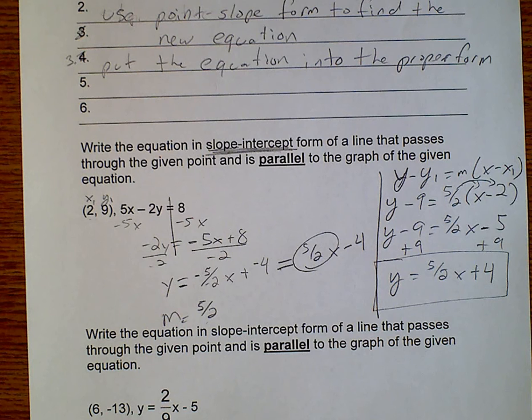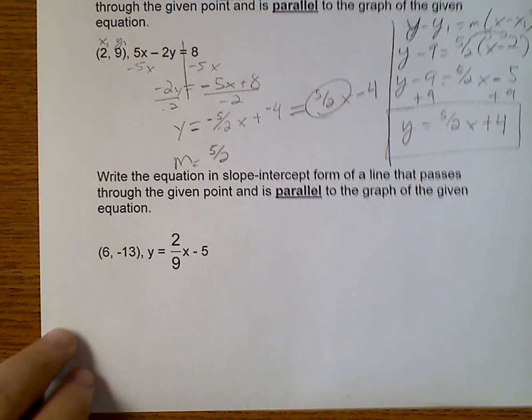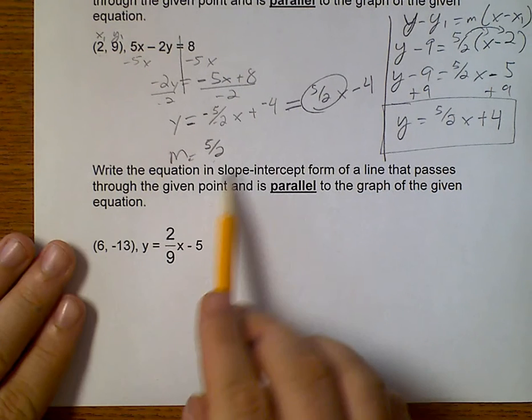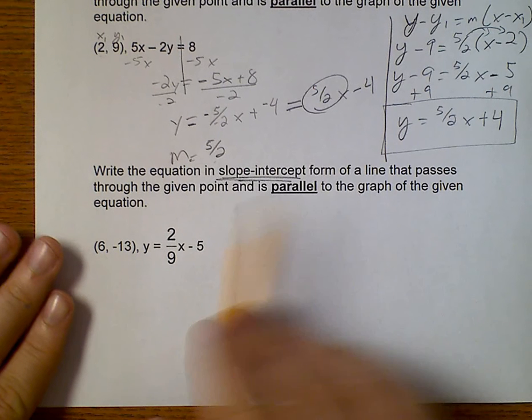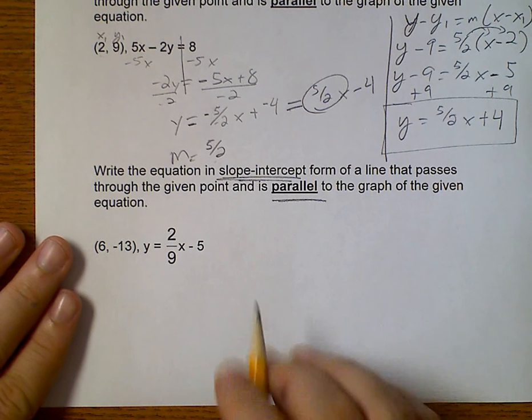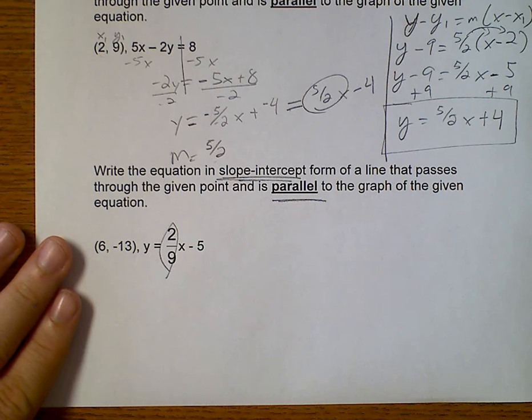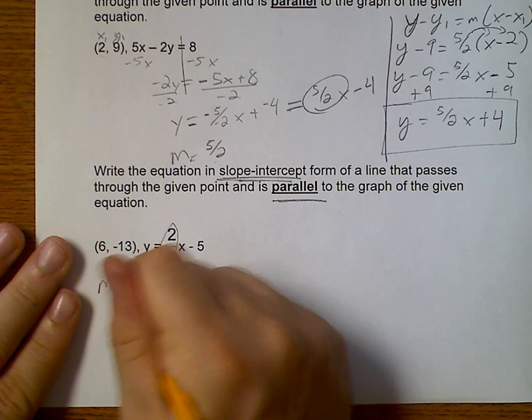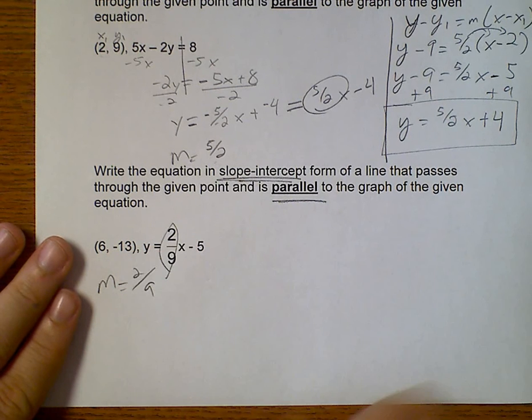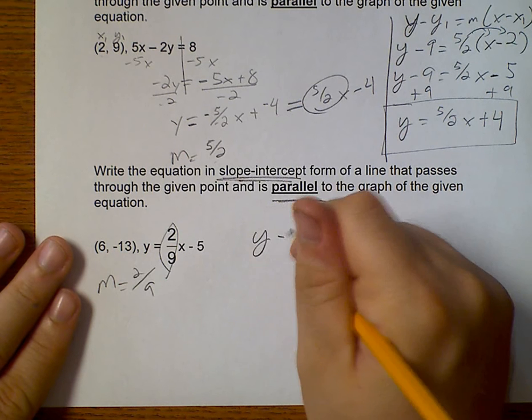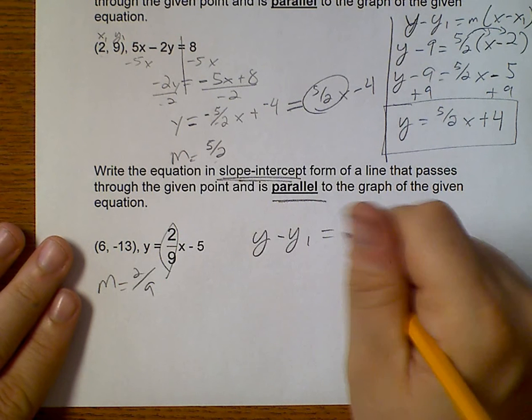Now for our last example here. We're still sticking with slope-intercept form. We want to know parallel. Well, my slope here is 2/9. So now, y minus y1 equals m times x minus x1.